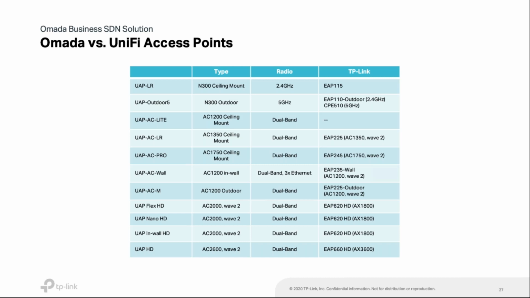The major difference between our design philosophy and Ubiquiti's is that they spend a lot of time on 11AC 4x4 access points, and we do not have a 4x4 11AC access point. We're taking another approach. We're going to bring in the latest technology, Wi-Fi 6 11ax, in our new access point. And performance-wise, of course, the latest technology will be better.